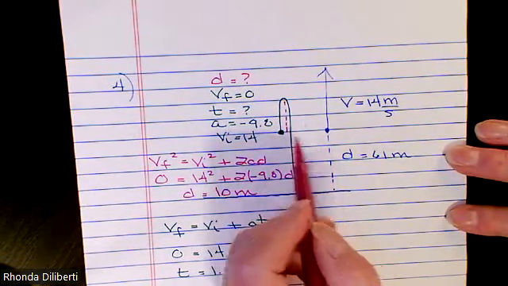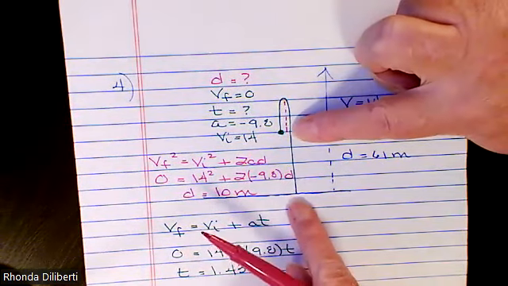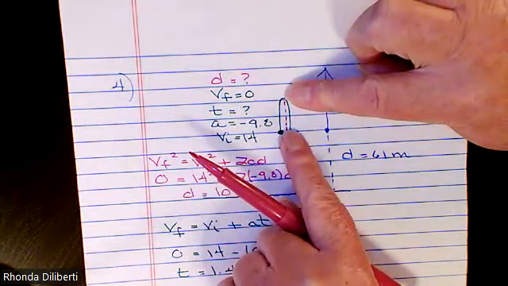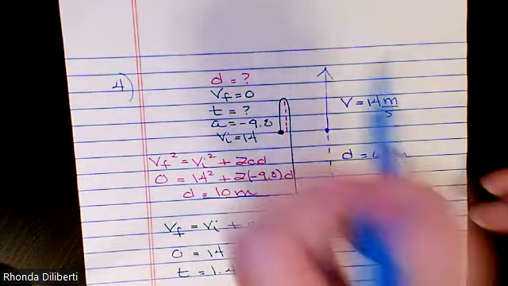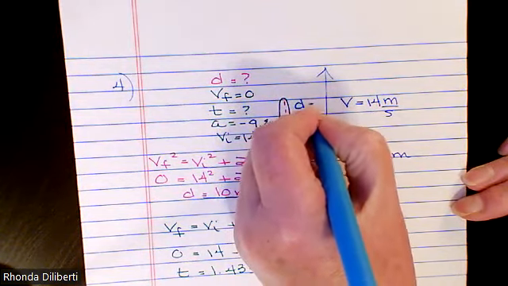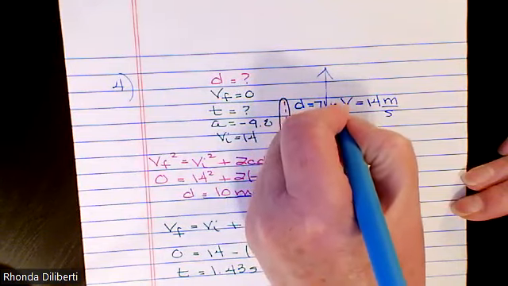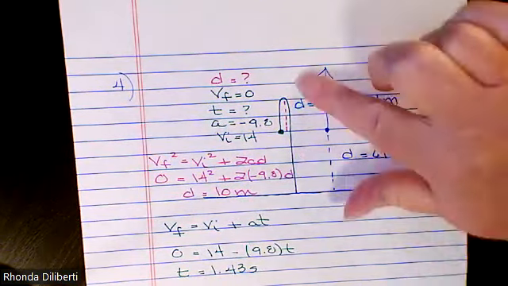The balloon, though, was 61 meters above the ground. So we have 61 meters here plus another 10. So I am now going to be up here at a distance of 71 meters when it starts to fall down. So let's talk about the falling down.